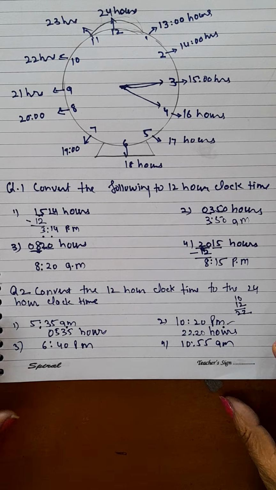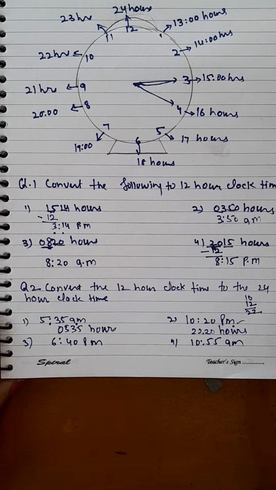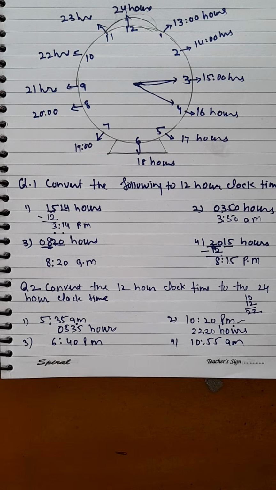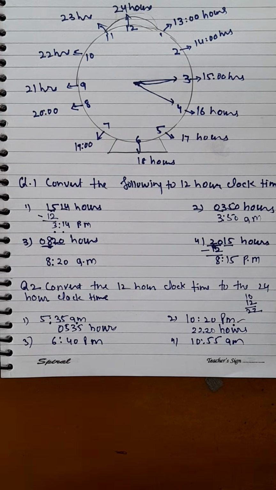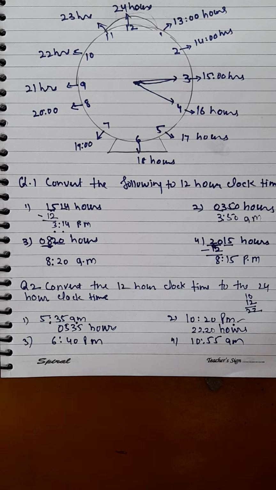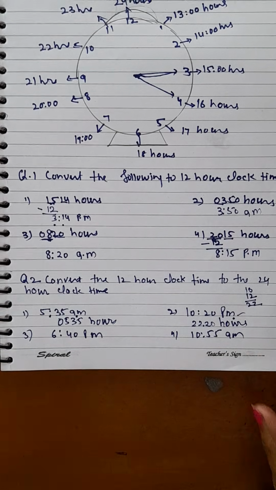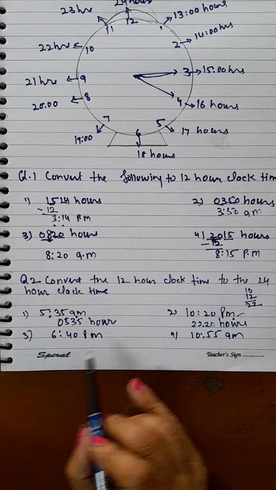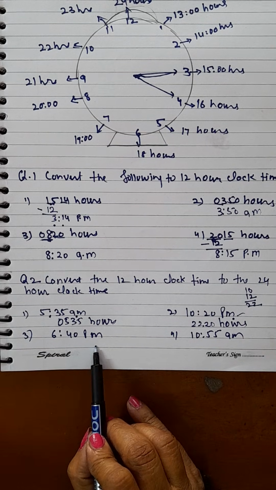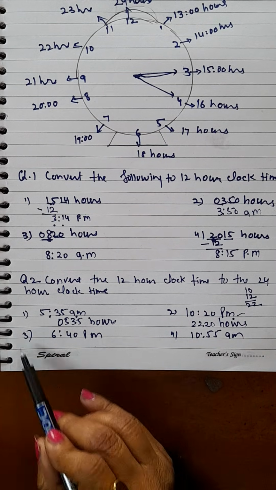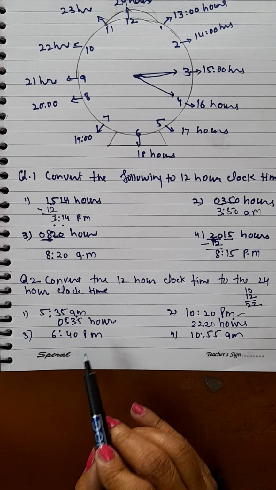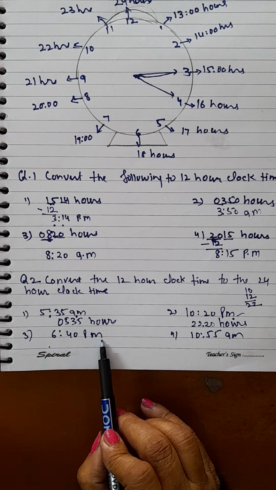Now next part of the question: here we have to convert 6:40 PM from the 12-hour clock into the 24-hour clock. As the time is given in PM, this is the time after midday.